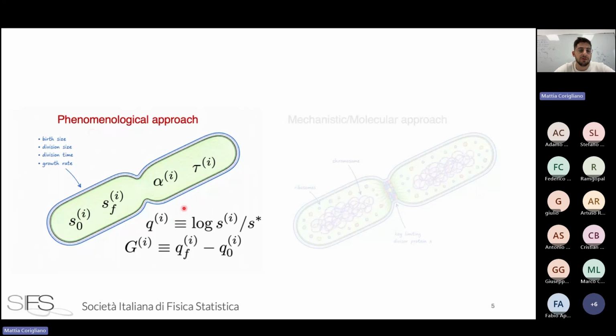And then I'm introducing also two other key quantities, QI, which is the logarithmic size, and GI, which is the overall added logarithmic size in a given cell cycle I.